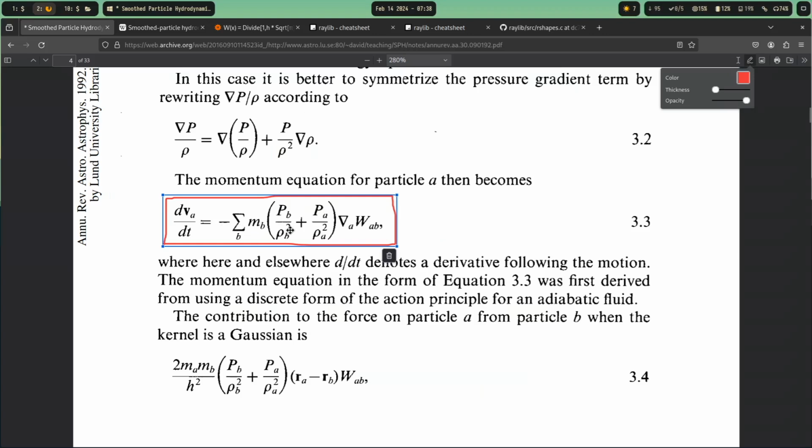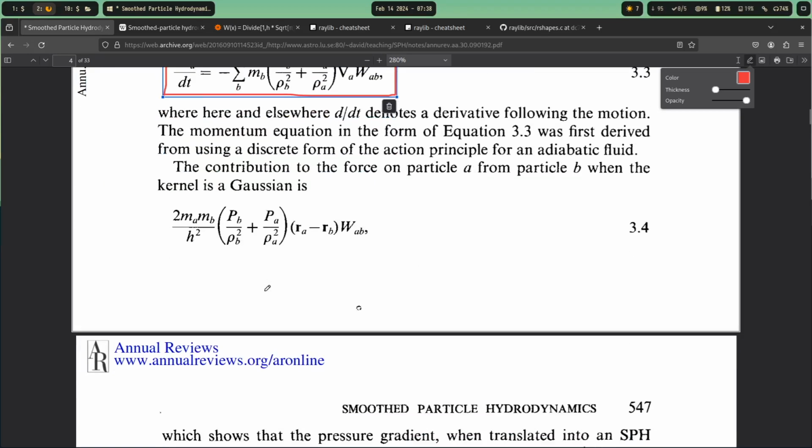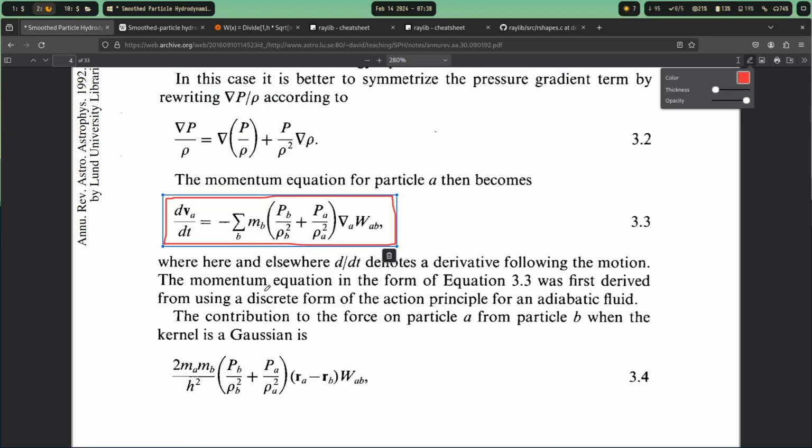So yeah, more or less. So we get this momentum thing. Yeah, which maybe makes sense. The contribution to the force of particle A.